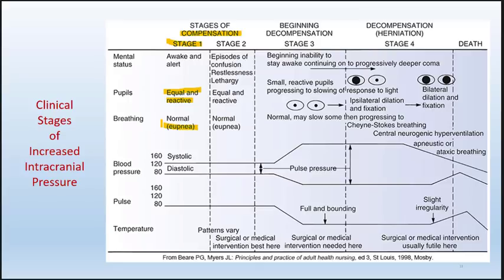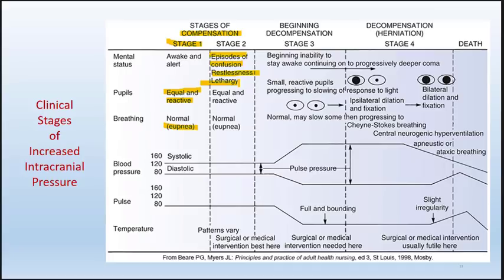In stage 2, though, subtle changes are noted. The body can still compensate for this increased pressure, though, as we know, but it's getting close to compensation loss. And you can see here some of the changes: confusion, restlessness, and lethargy.